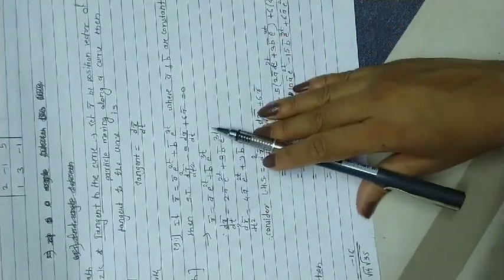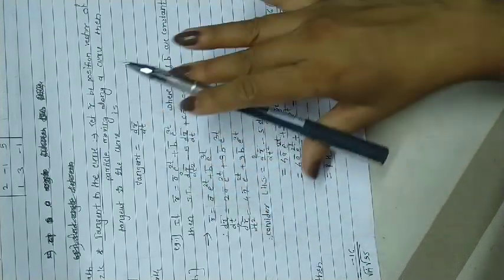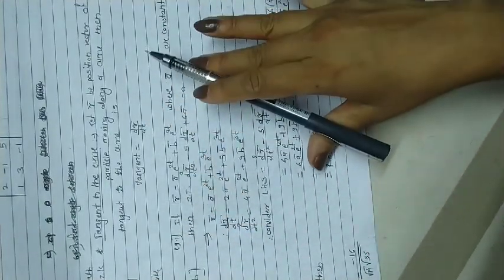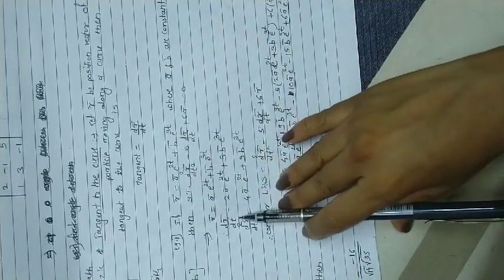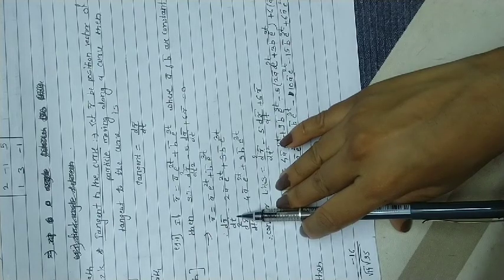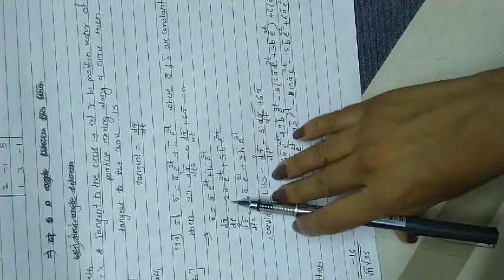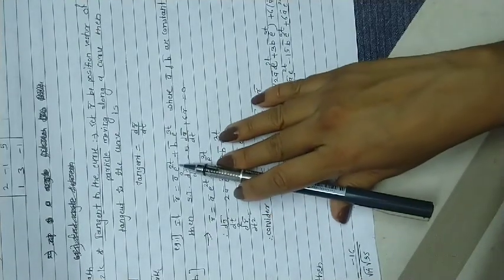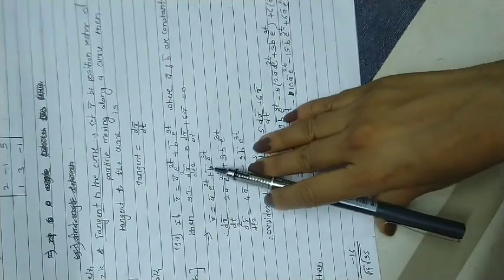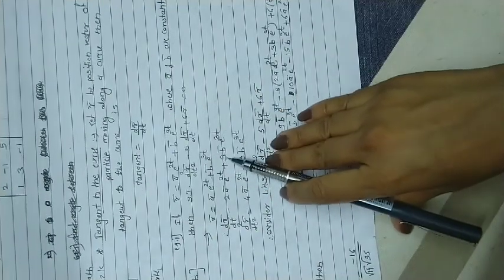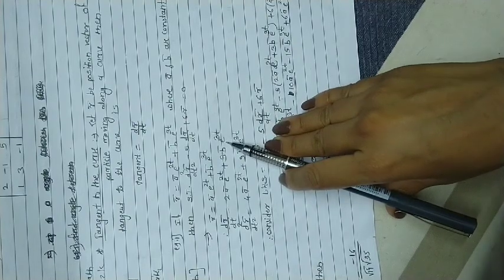Therefore a bar and b bar, though they are vectors, are constant vectors. They don't contain any t value. That's why we have to take the derivative with respect to t and keep all the other things as constants. Just take the derivative wherever t is there. The derivative of e raised to 2t is 2 e raised to 2t, plus b bar as it is, and the derivative of e raised to 3t is 3 e raised to 3t. Okay, simple derivative. All the derivative rules are the same.